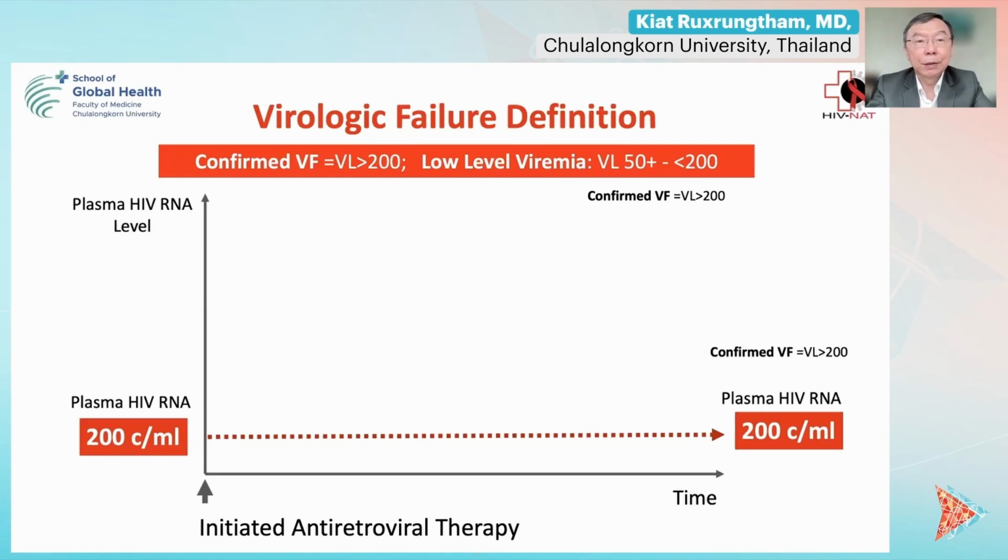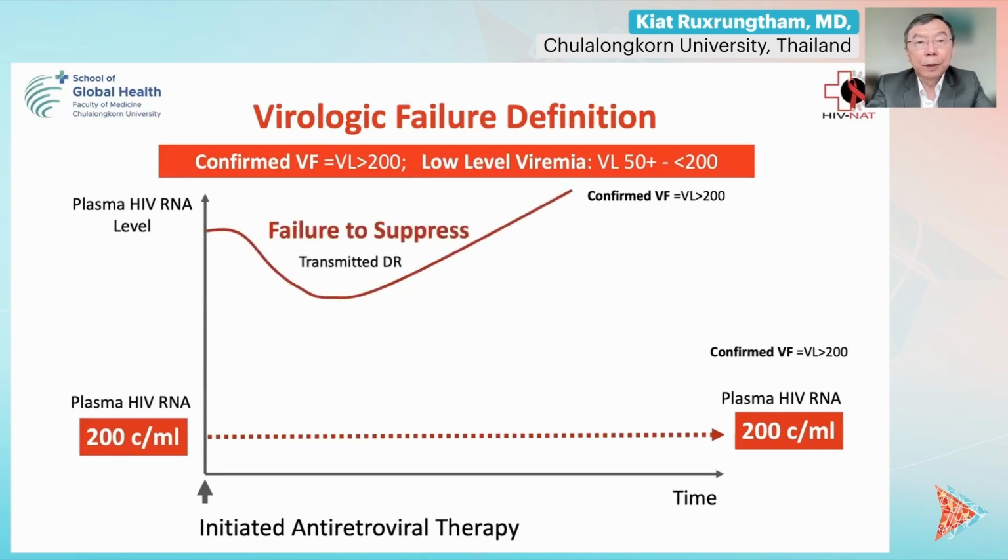We consider that a confirmed biological failure. Low level viremia means that the patient has a viral load between 50 and less than 200 copies.